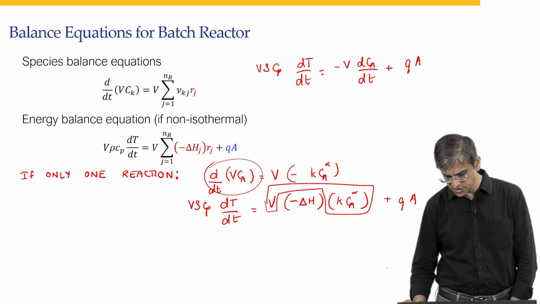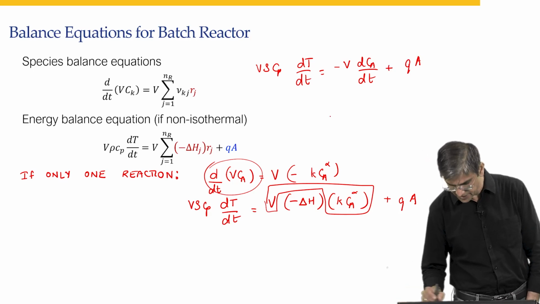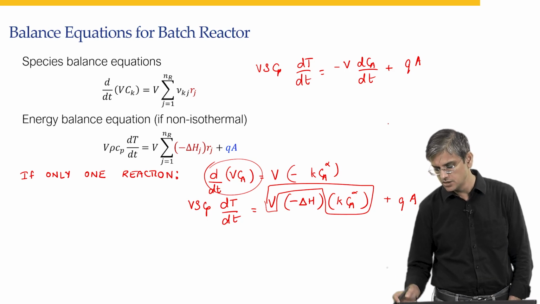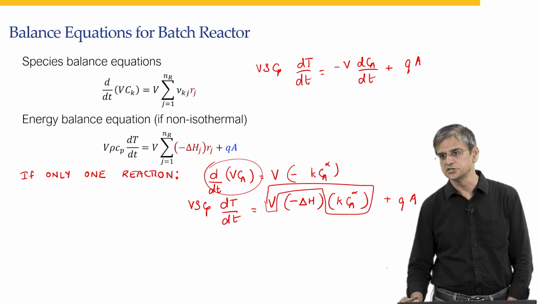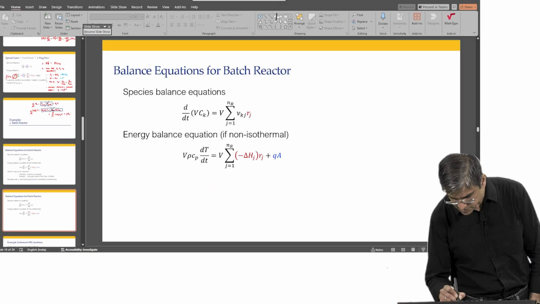So essentially, if there is only one reaction, you can get rid of temperature by converting it in terms of concentrations.